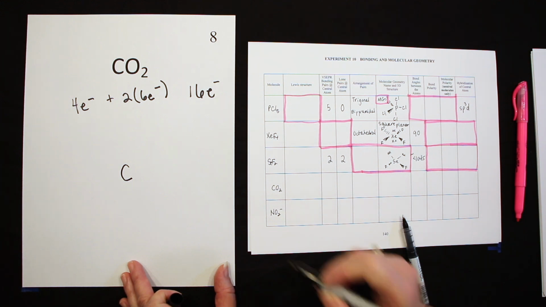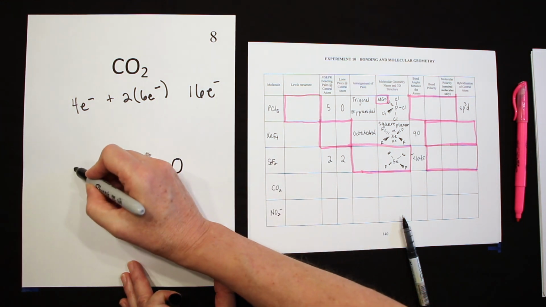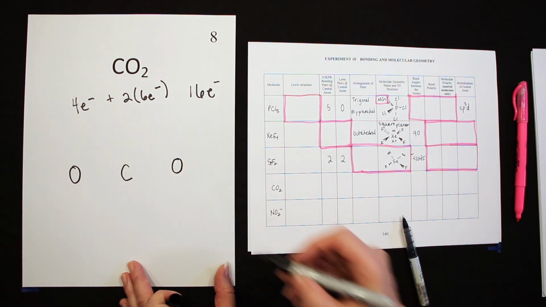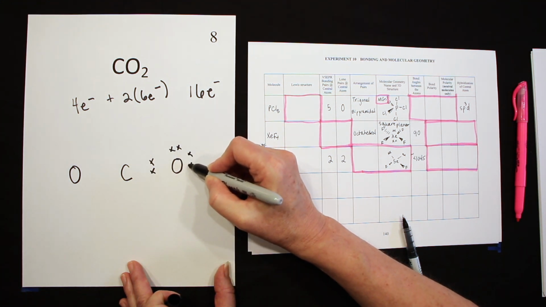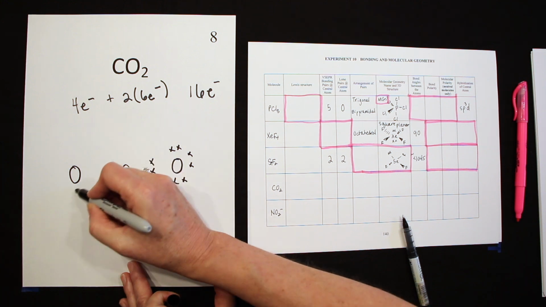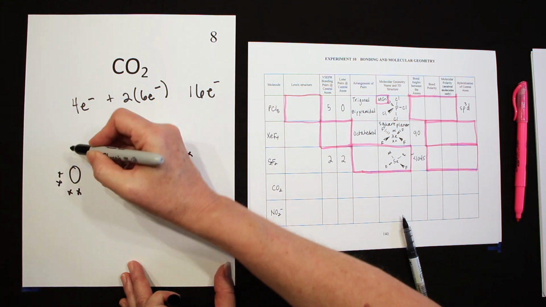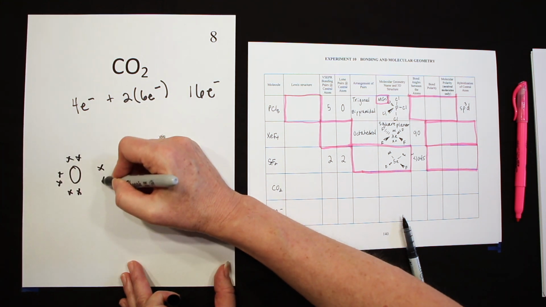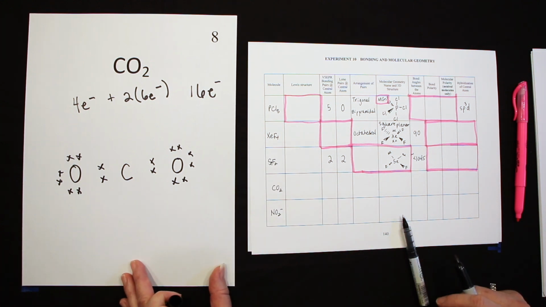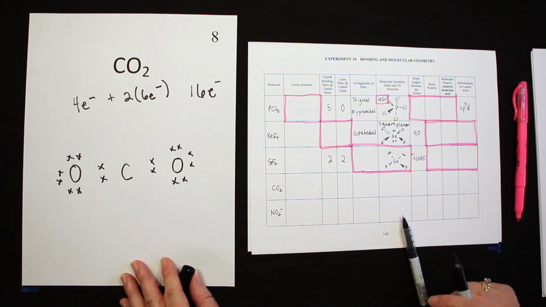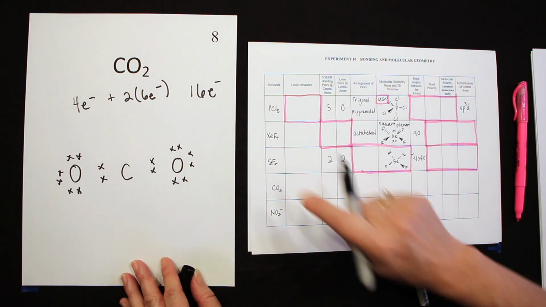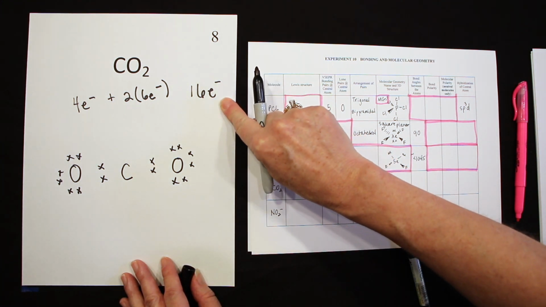I'm going to put carbon in the center and oxygen around it, and then start populating my structure with electrons. I've done that, and when I count, there's 16 electrons there, which fulfills the amount that I need.